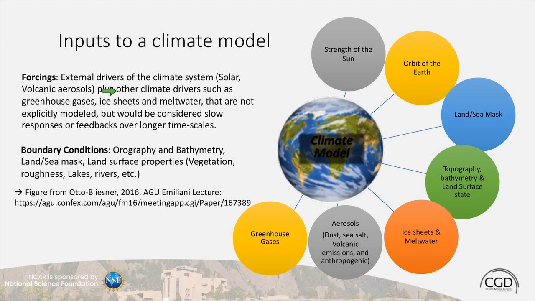And these are the forcings, both external drivers of the climate system, true forcings such as changes in solar insolation and volcanic aerosols, plus other drivers of climate such as greenhouse gases, ice sheets, and meltwater that are not explicitly modeled, but would be considered slow responses or feedbacks over the longer time scale and need to be prescribed in our model. We also need to change boundary conditions such as the orography and bathymetry, land-sea mask, land surface properties, etc.